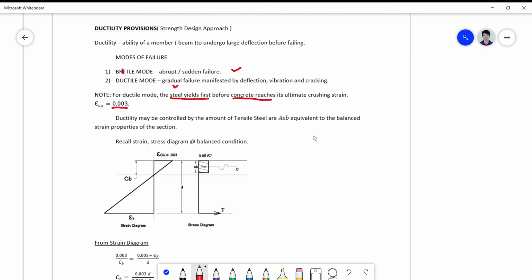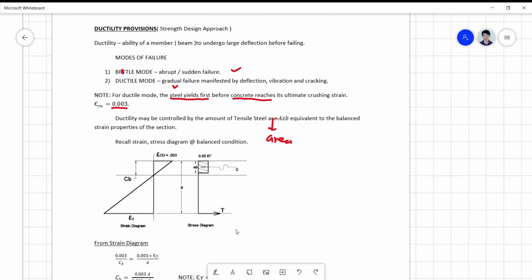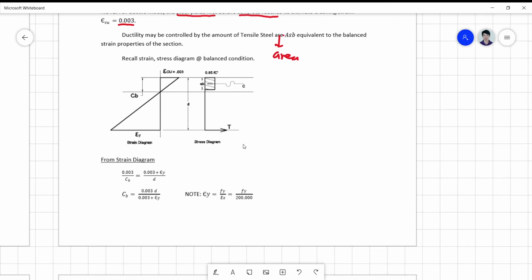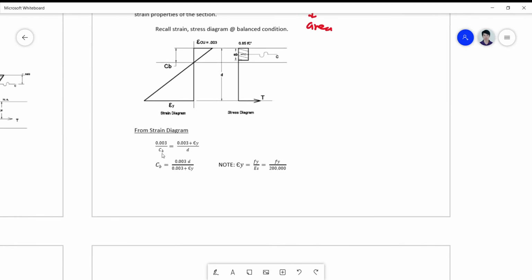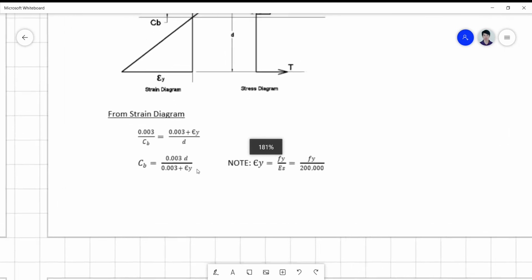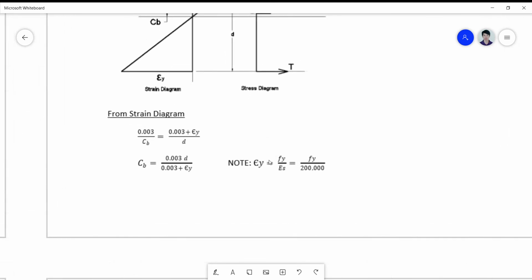Ductility may be controlled by the amount of steel area, As balance, equivalent to the balance strain properties of the section. If we recall the stress strain diagram of the balance condition that we derived a while ago, take note of the equation for the ratio and proportion.